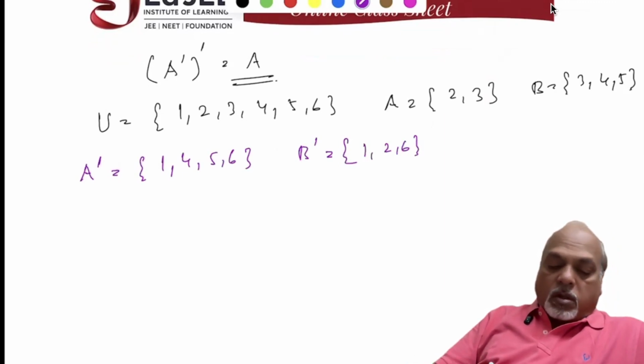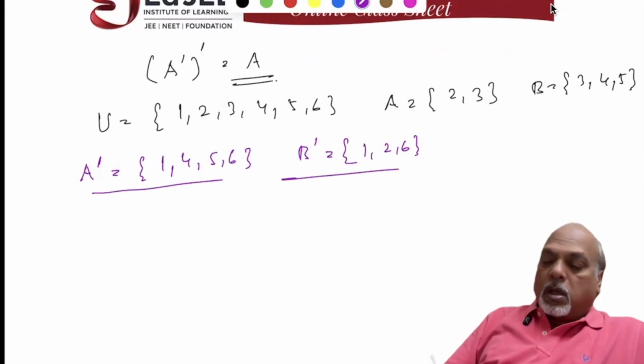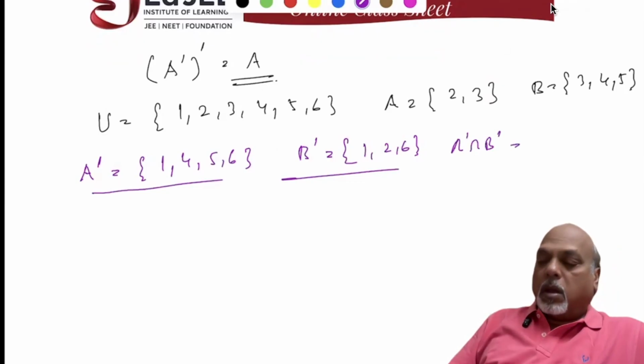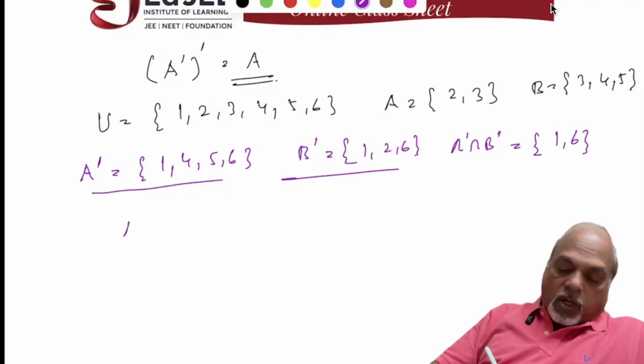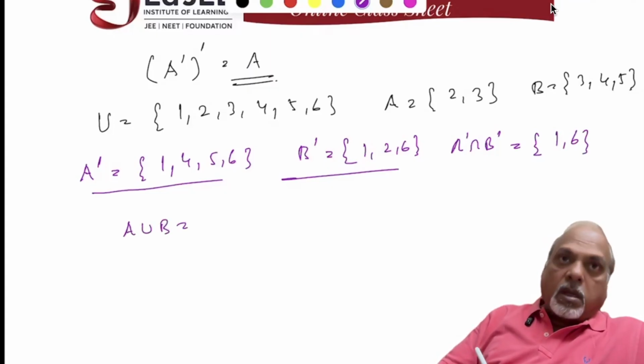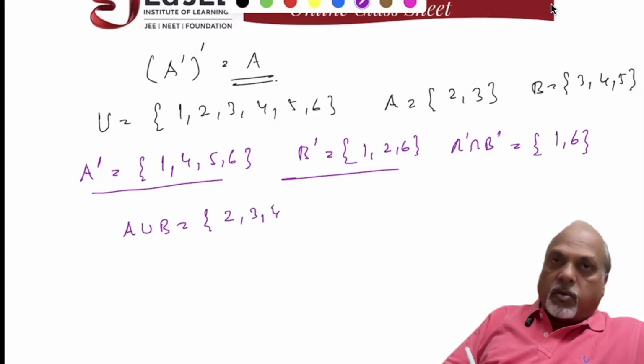Now, what about the intersection of these? That is nothing but 1 and 6. Correct? Let us find out what is A union B. A union B is nothing but 2, 3, 4, 5.